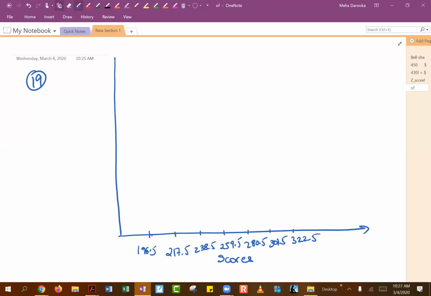We've got 4, 18, 37, 77, 95. Probably better to do increments of 10, right? So we can kind of get a good spread on our Y values. Of course, you would be starting at 0% and going 1, 2, 3, 4, 5, 6, 7, 8, 9, and 10.